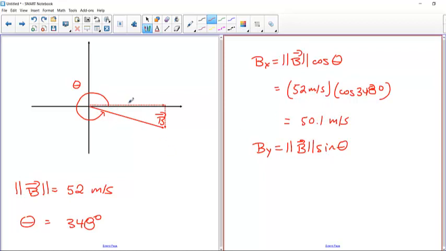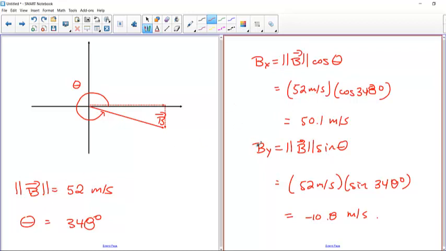So that's positive, which makes sense. And down here we have 52 meters per second times the sine of 348 degrees, which is negative 10.8 meters per second, which makes sense. It's pointing negative. Okay, so that's how you go from magnitude and direction to the components.